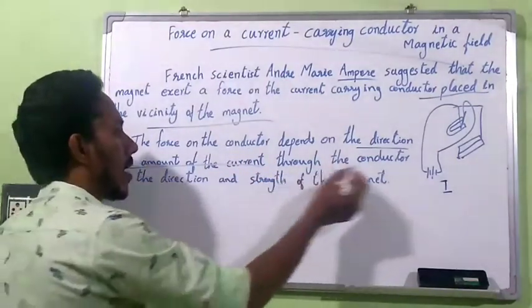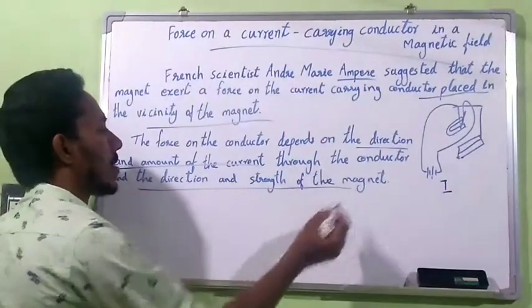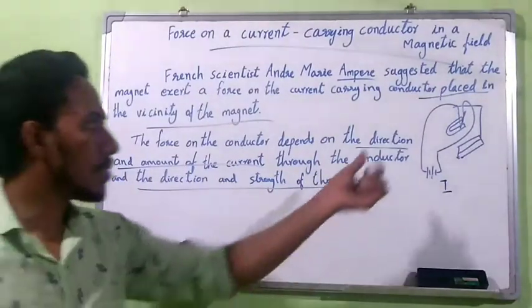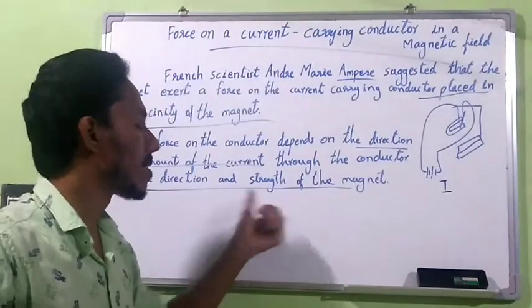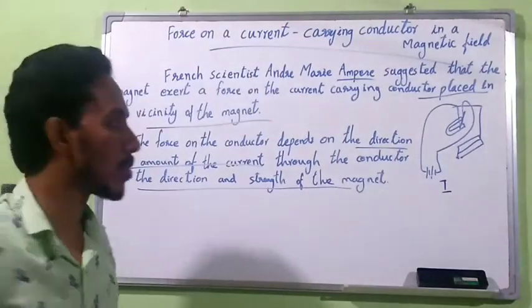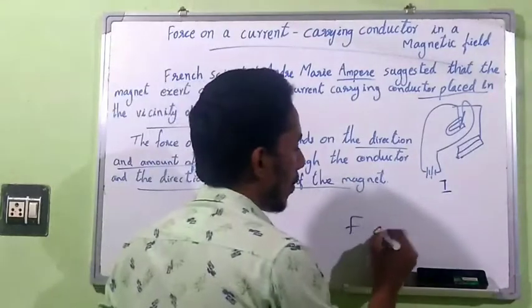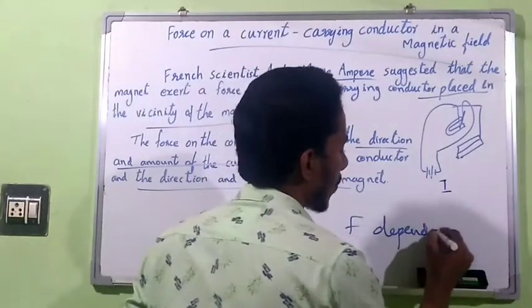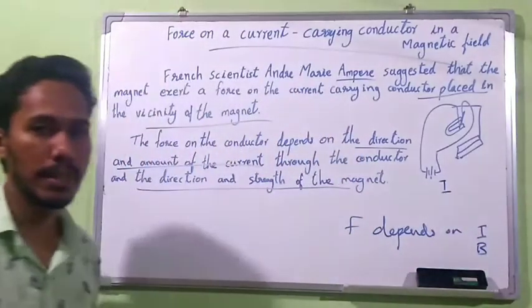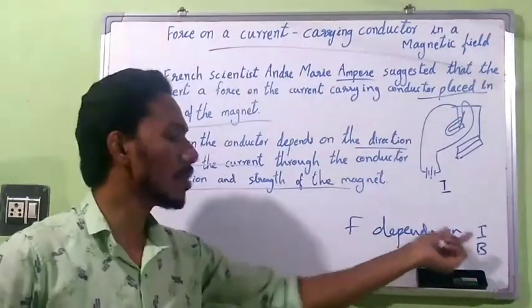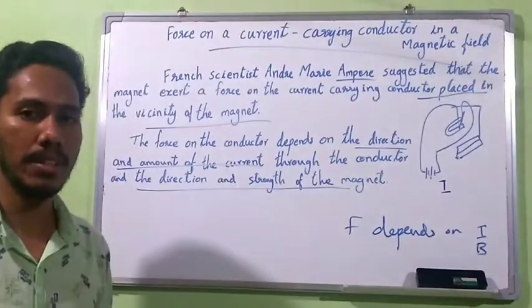One more thing, the force also depends on the direction and strength of the magnet. So the force depends on I and B, the magnetic field.